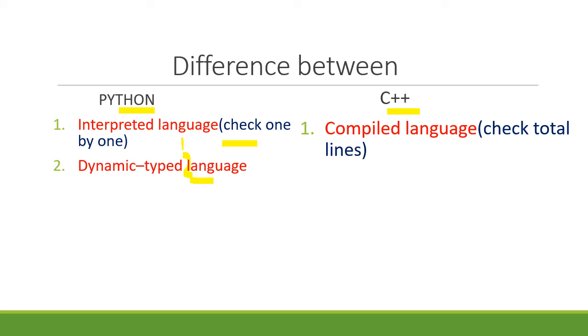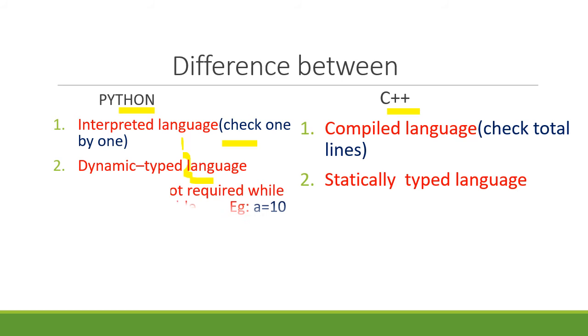Second, Python is a dynamically typed language, while C++ is called a statically typed language. Whatever we want to change in Python, we can change, but in a statically typed language we can't change it in C++. That point is very important. The data type is not required while declaring a variable.